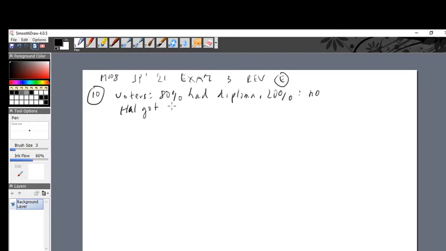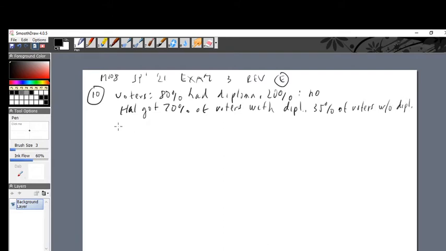It's actually easier that way in this case. Hal got 70% of voters with a diploma, and he got 35% of the voters without a diploma.